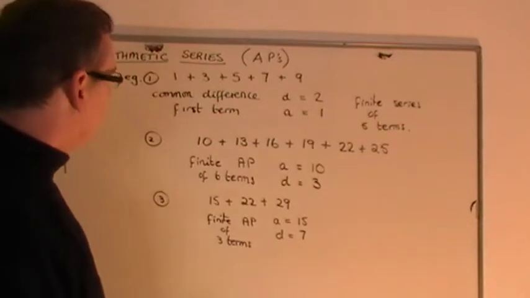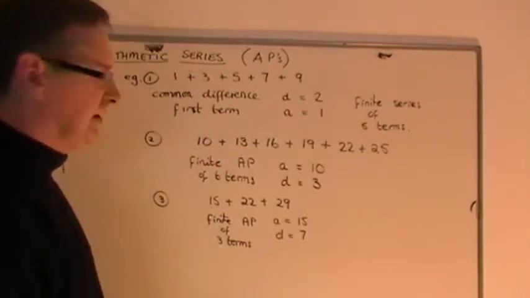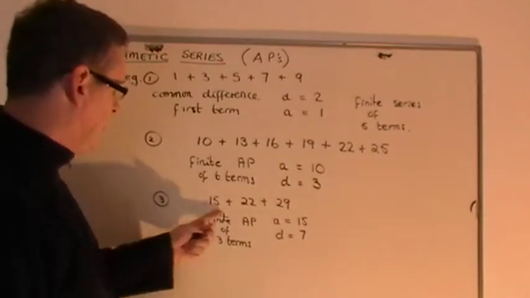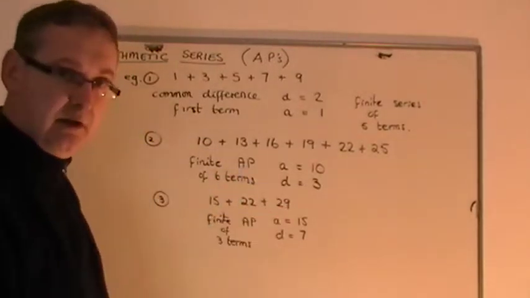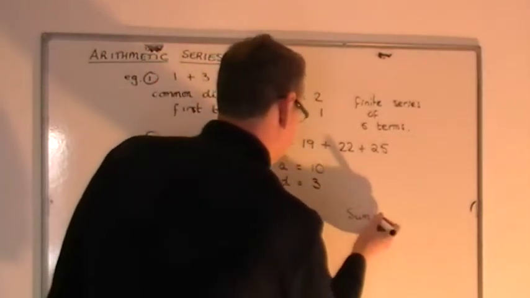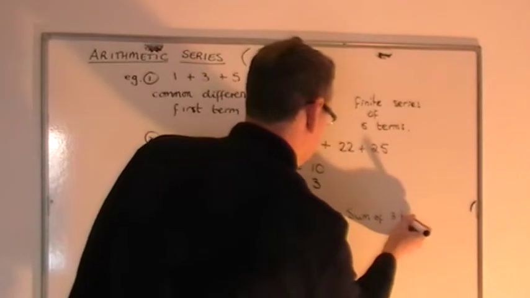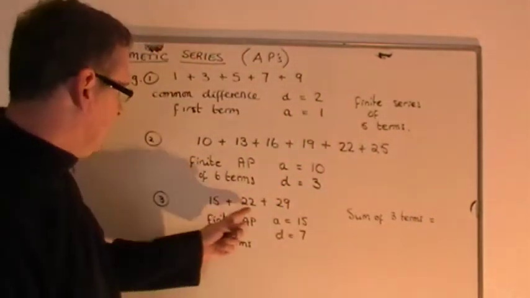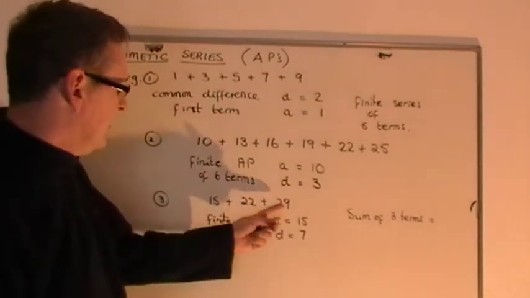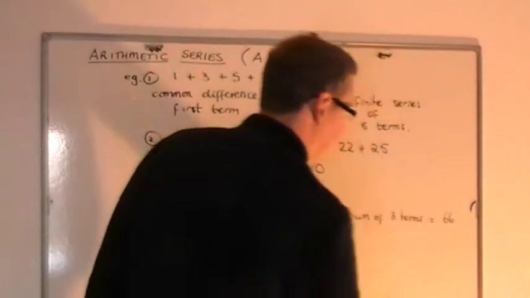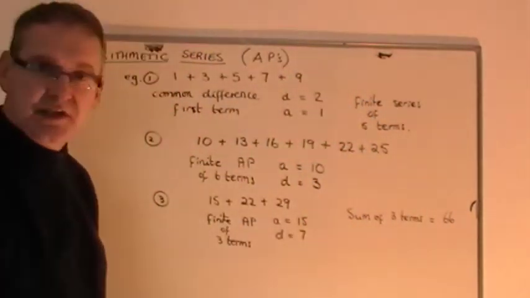Now, when you've got a finite number of terms, you'll always be able to work out what the sum of these terms is going to be. So for example, in this particular one, the sum of 3 terms, if I add them up, 15 and 22 is 37, 57, 66. So the sum of those terms would be 66.